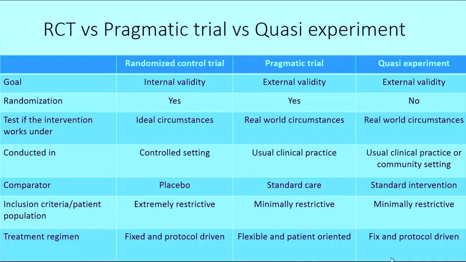And because we want to have ideal circumstances in RCT, for example, we try to select participants using extremely restrictive criteria, while in pragmatic trial and also quasi-experiment, we try to minimize those criteria.